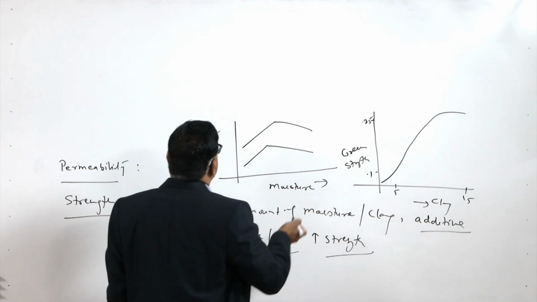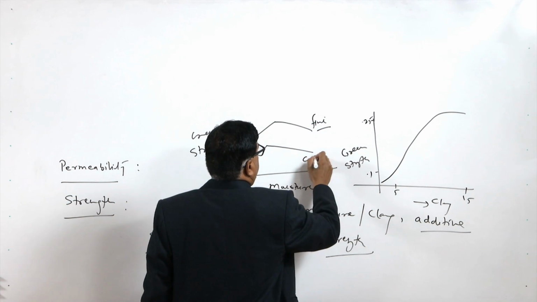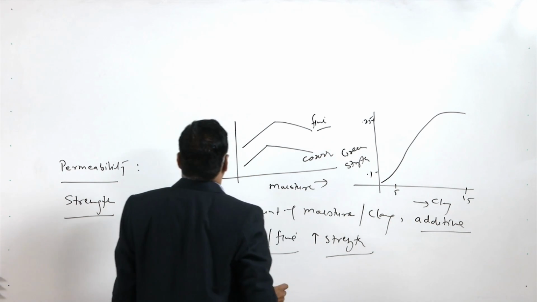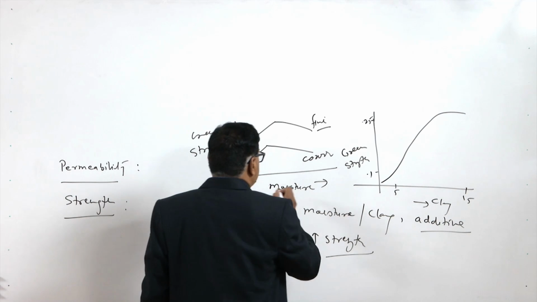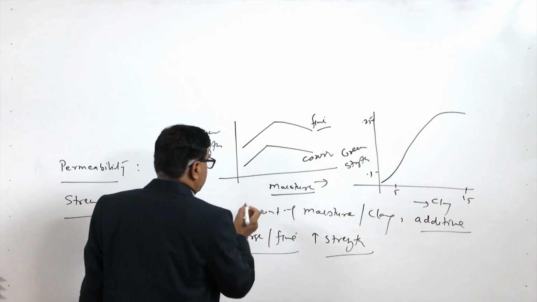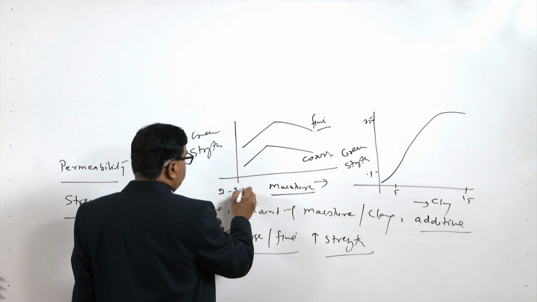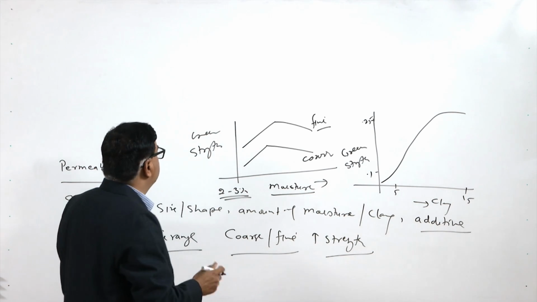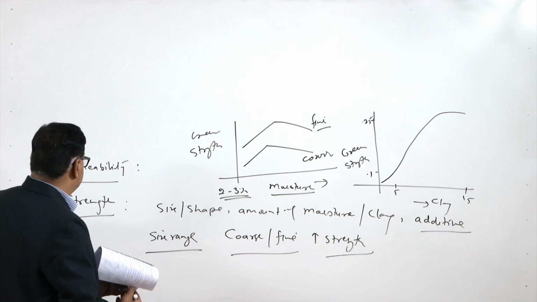Finer is the particle, more amount of the moisture it can absorb as compared to the coarse ones. So, accordingly the strength is affected. As we have said, 2 to 3% amount of the moisture is needed to activate the clay, so that the bonding can be facilitated.